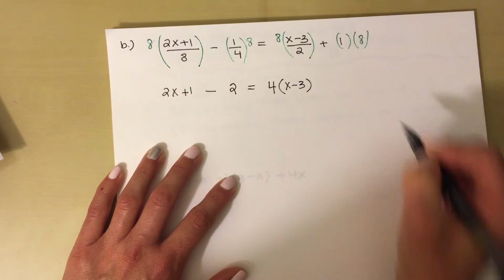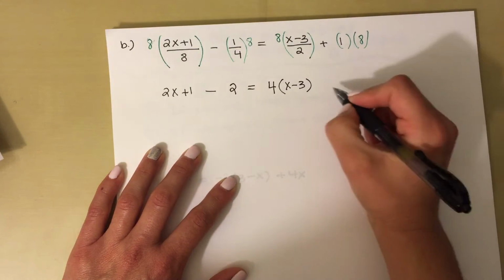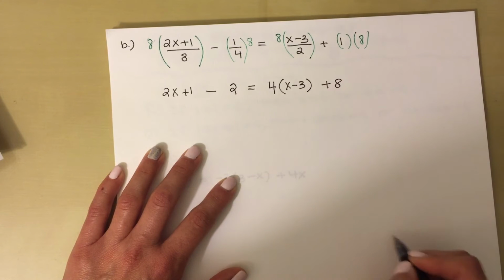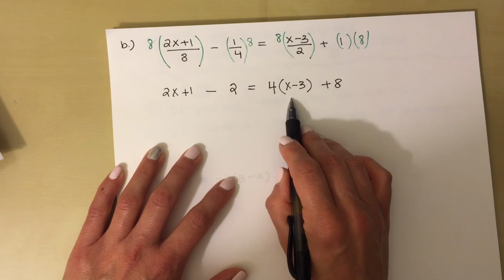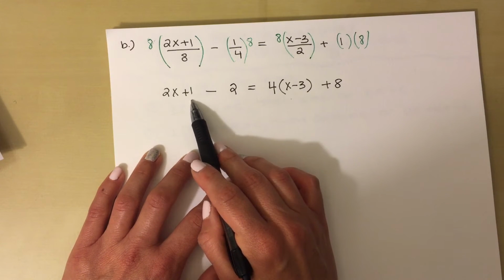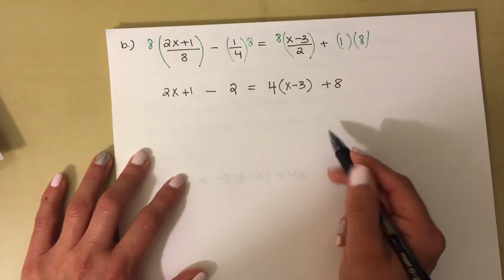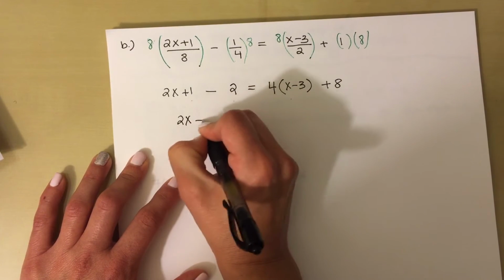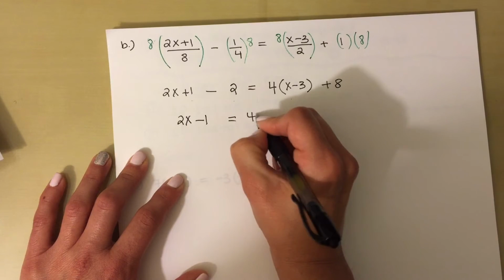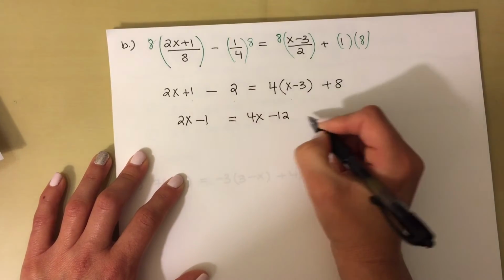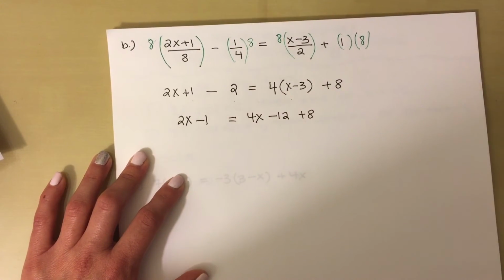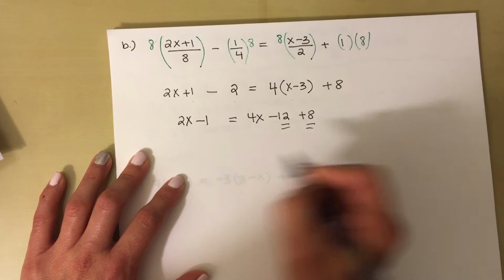We need to distribute in the next step. Distribute. Also, we can combine our like terms. Combine like terms.